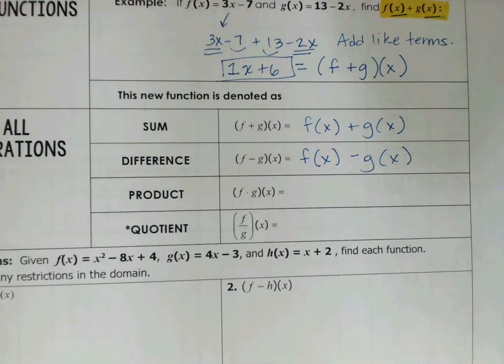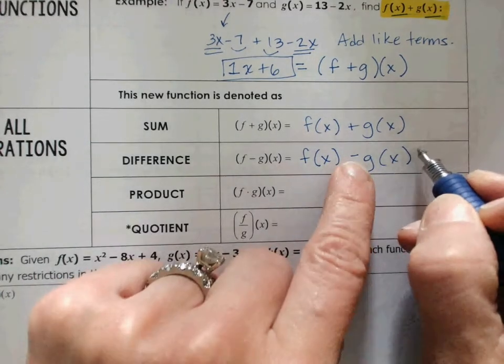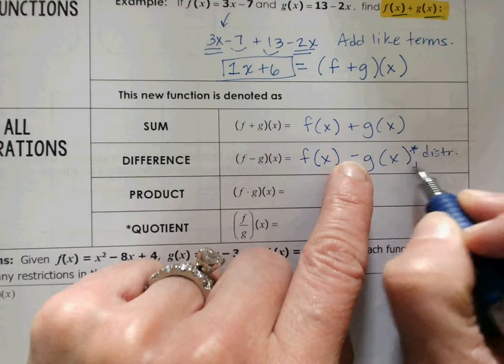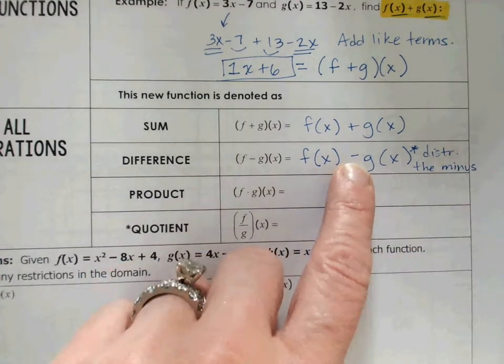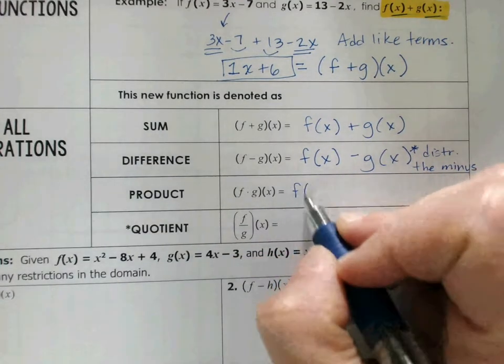No, you're good. All right, so again, if you see a minus sign, you're absolutely going to subtract the 2. That means that you might have to distribute the minus. All right, f times g obviously just means to multiply the 2.